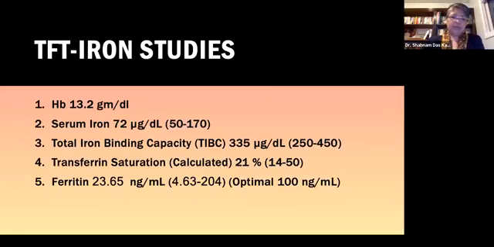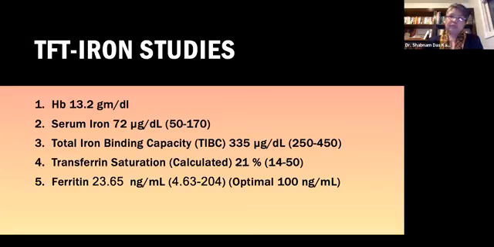Bottom line, a ferritin of 23. Ferritin represents the iron storage. The point of this slide is that she is deficient in iron. So giving her iron supplementation would be very important. And most of the time, I don't rely on only food, because for this kind of deficiency, food alone you cannot rely upon.